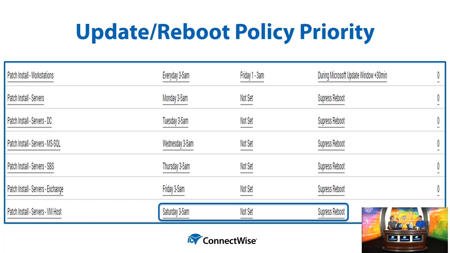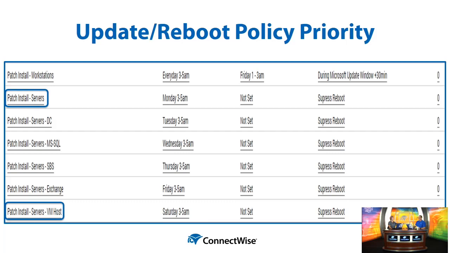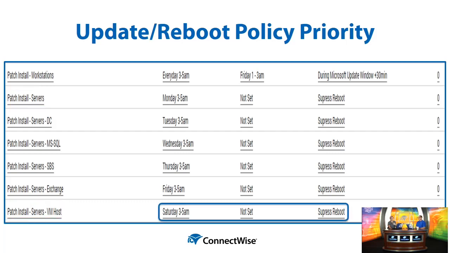Because of the priority, as it gets more granular, we know that VM hosts need a different set of patches. They might need a different install schedule than general servers. So if I didn't want that particular VM host to get that, I could just pull it out of that group, and then it's not going to get that. It would append to the previous server.